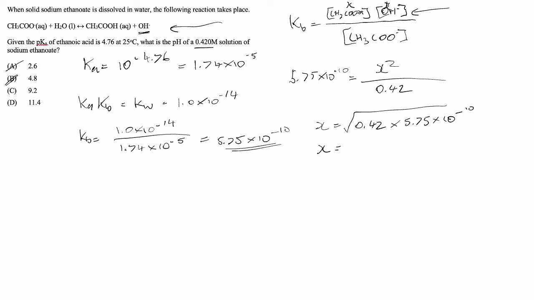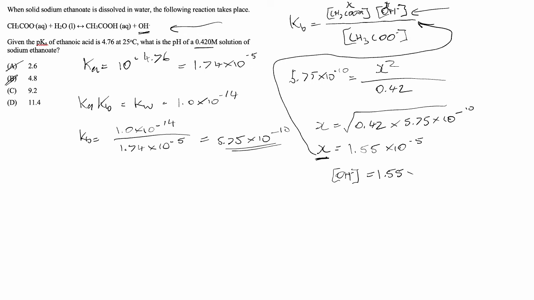X is therefore equal to 1.55 times 10 to the negative 5. All right, so remember X is our concentration of OH-. So the concentration of hydroxide ions is going to be equal to 1.55 times 10 to the negative 5.